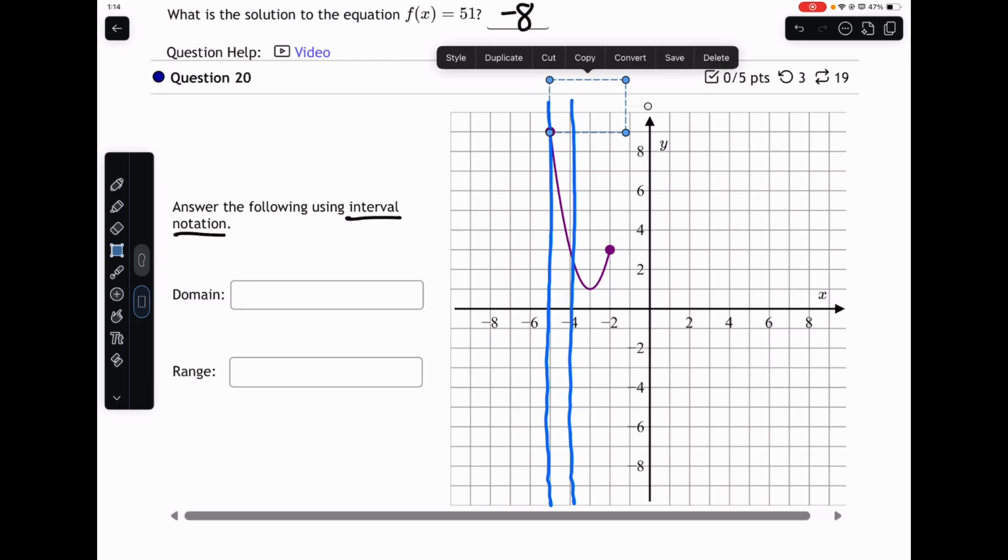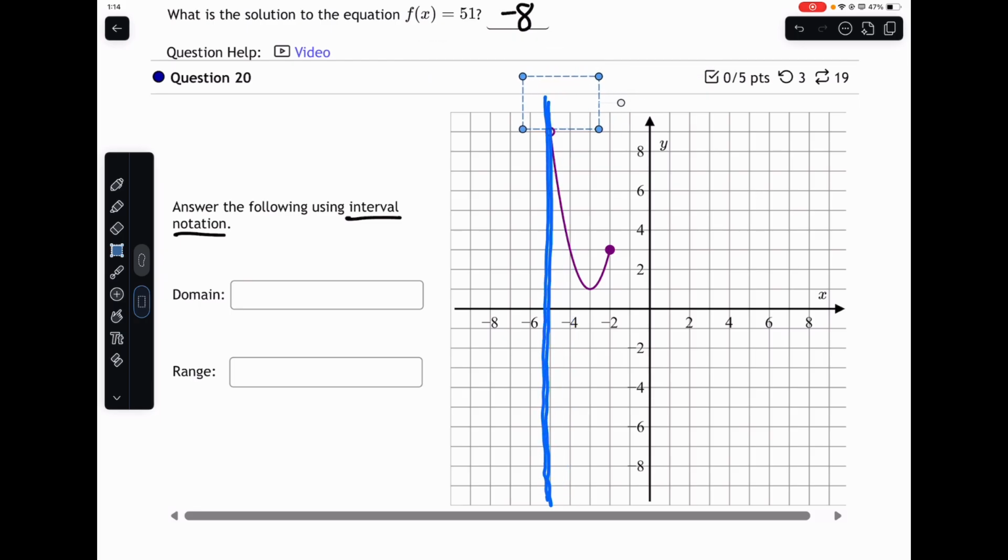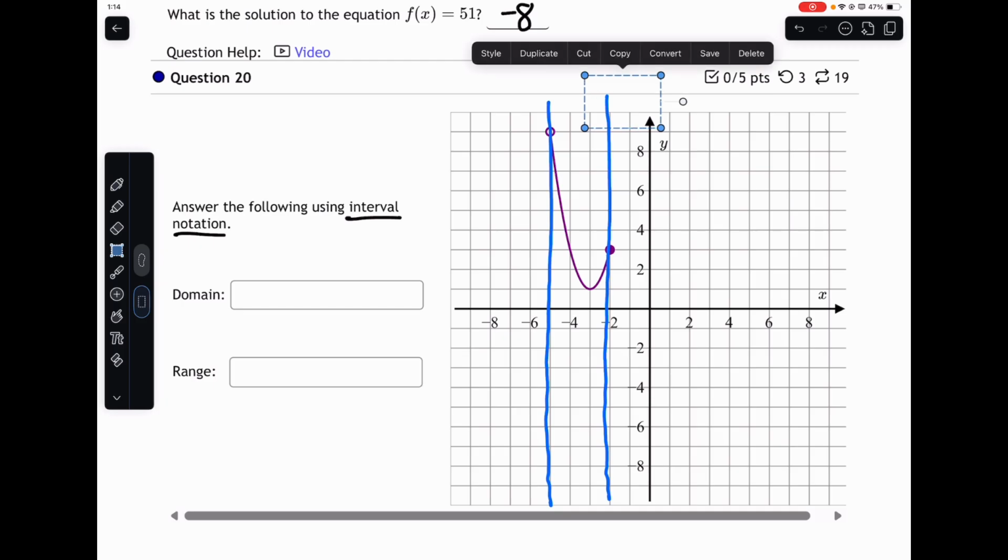From there, I will continue moving to the right until I touch the relation one last time. If I move any further, this vertical line does not touch the relation anymore. So that would be this last point right there vertically.